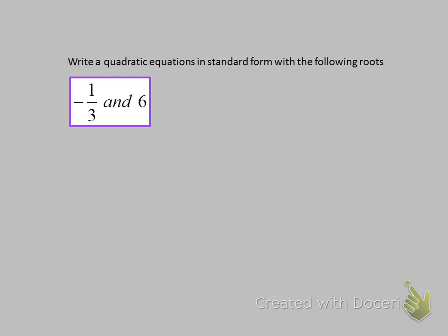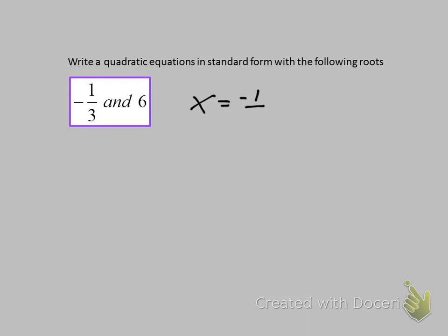Thank you. Now, what we've been doing is solving these. Getting x equals this, x equals that. Those have been roots. Now they're giving us the roots. And now you work backwards. So, literally work it backwards.